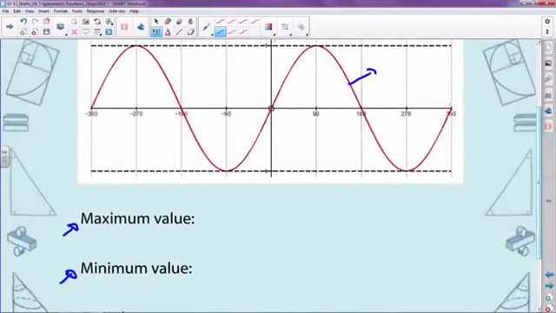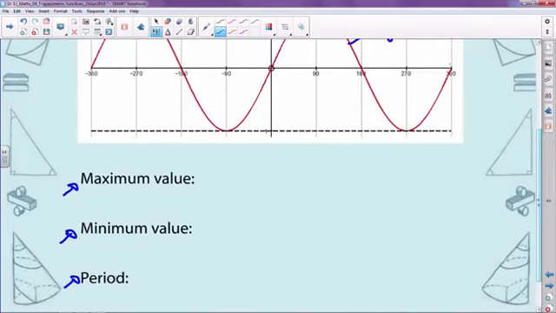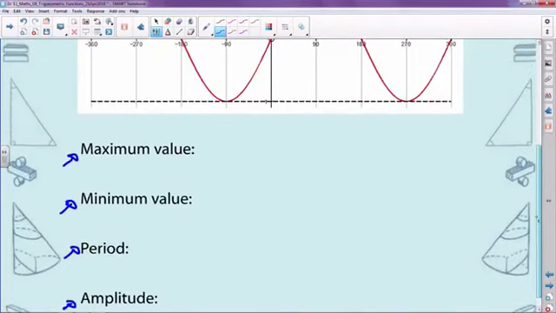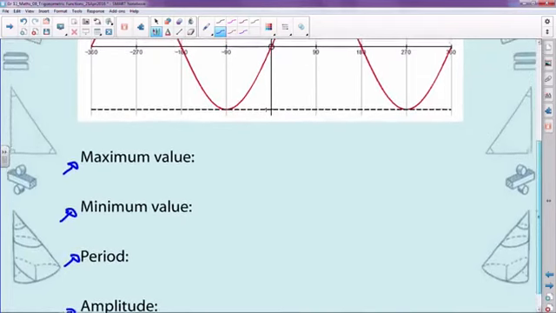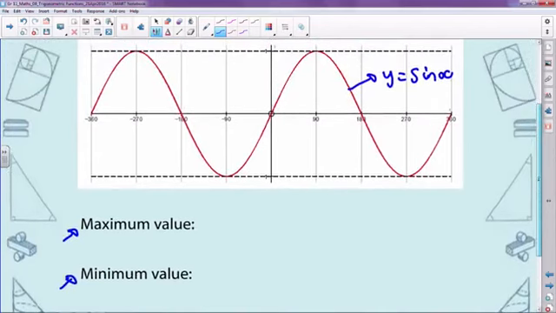Just write the equation here: y equals sine x. I want you to find the maximum value, minimum value, the period, as well as the amplitude. I'm giving you only 2 minutes. Please work on this activity. All right, let's go, 2 minutes.